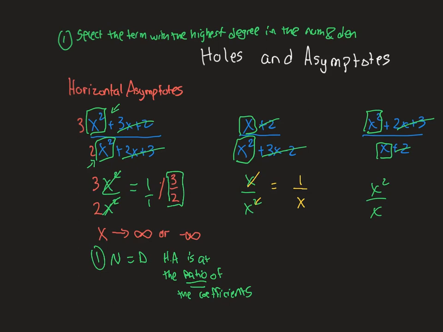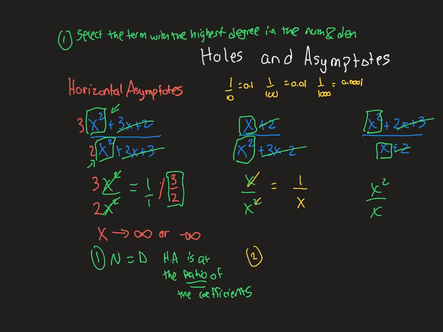Well, that's 0.1. 1 divided by 100, 0.01. 1 divided by 1,000, 0.001, and so on and so forth. 1 divided by a million, and so on. What am I noticing is that my answer is getting closer and closer and closer to 0.